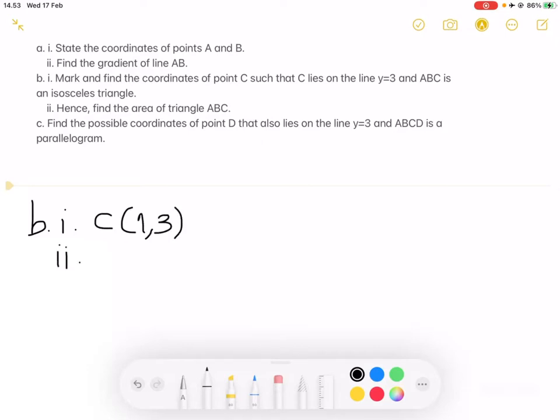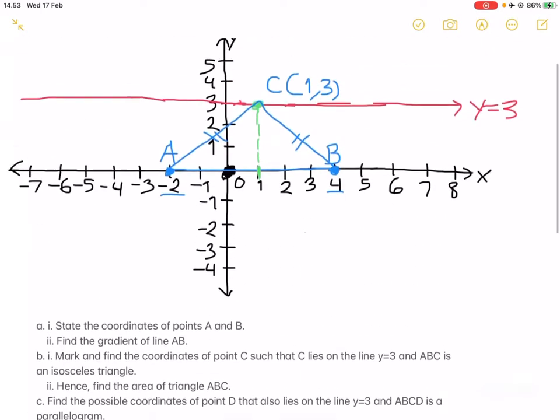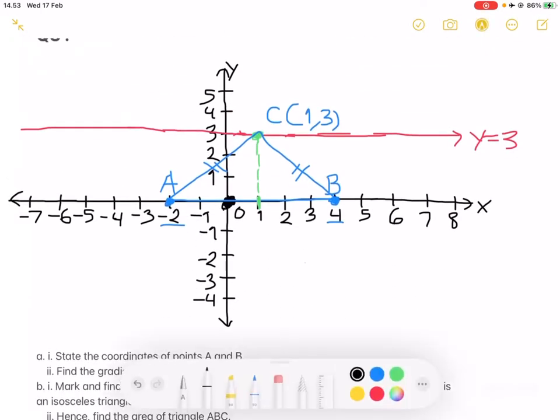And for the second part, we need to find the area. It's not pretty hard to see. Remember that the formula of a triangle is a half times base times height. So we have assumed that AB is the base. So let's just calculate the distance between A and B, which is just the difference between the x coordinates, which is 4 minus -2, which is 6.